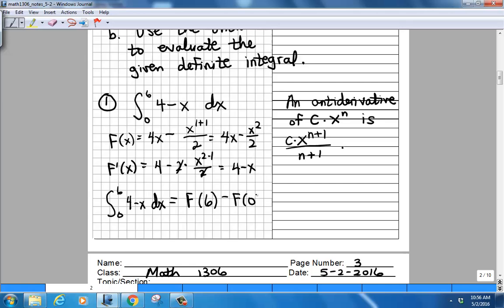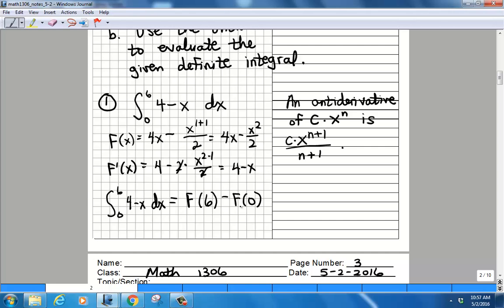And then I'm just going to take the difference of those two values, and that will be my area. Y'all believe that's true? I'm kind of doubtful now. Okay, so just plug 6 in to the antiderivative and plug 0 into the antiderivative and take the difference of the two, and that gives you the area.